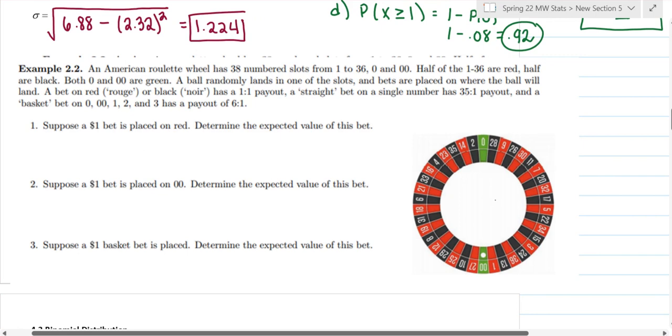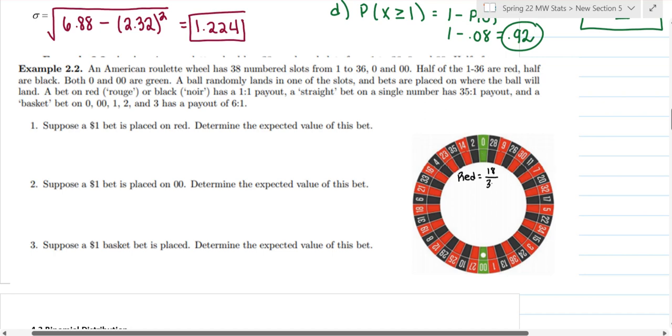Okay, so you have red. So red. Half of the numbered slots, 1 to 36, are red. So 18, red, right? How many total on the wheel are there? 38, because you had the 36 red and black, and then you have the 2 green.